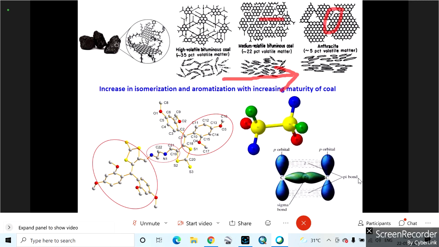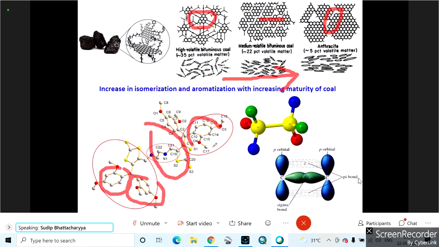Here less aromatization, here some more aliphatic rings. So these are the aliphatic rings, these are some aromatics, everything is juxtaposed, and it is like this. It is called a macromolecular structure.